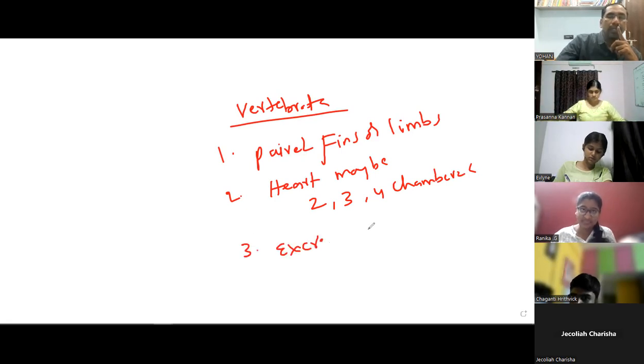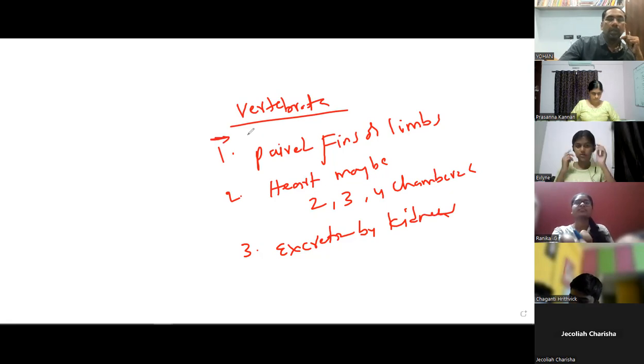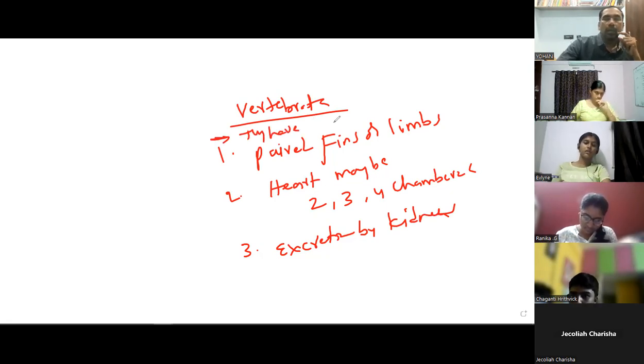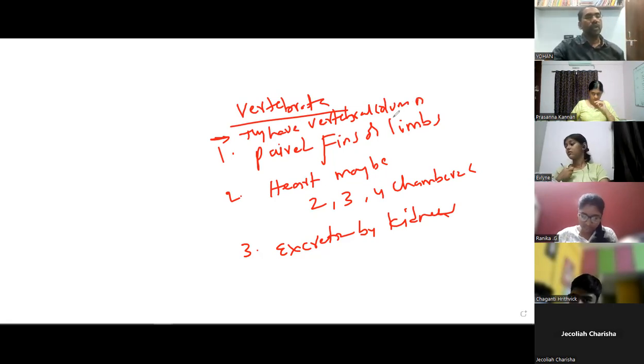Excretion by kidneys. These are the special features of vertebrates besides the vertebral column. Number one, they have a vertebral column made up of either cartilage or bone. You know what is cartilage? Cartilage or bone.